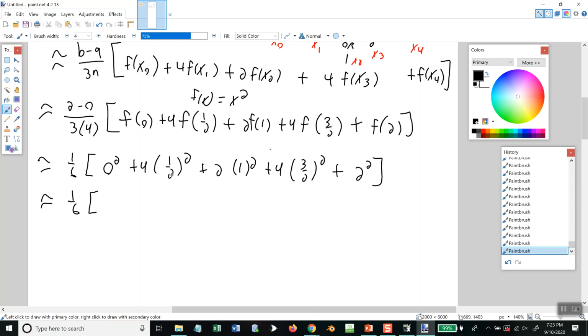0 squared drops away. 1/2 squared is 1/4 times 4 is 1. 1 squared is 1 times 2 is 2. 3/2 squared is 9/4 times 4 is 9.